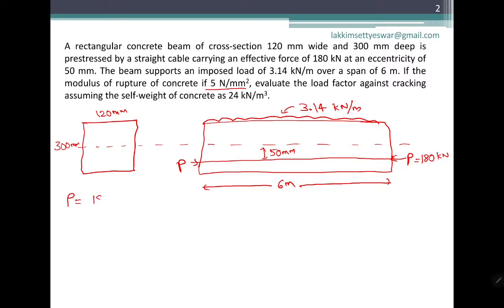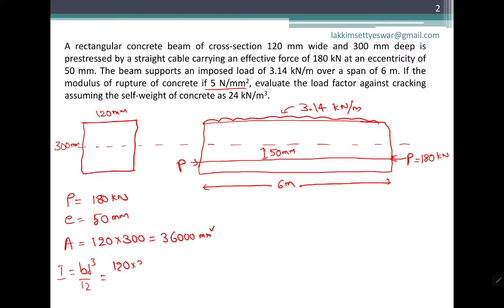Pre-stressing force P is equal to 180 kN and e is the eccentricity 50 mm. A is the cross sectional area, so 120 into 300, 36000 mm square. I is the moment of inertia, bd cube by 12. So b is 120 and d is 300.